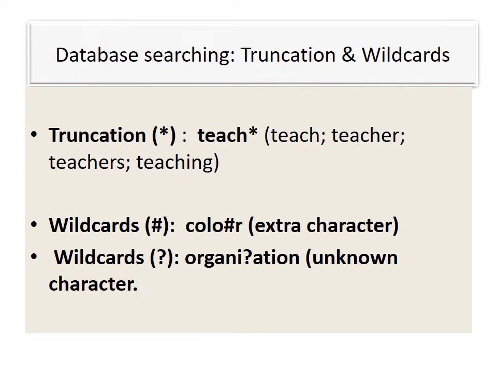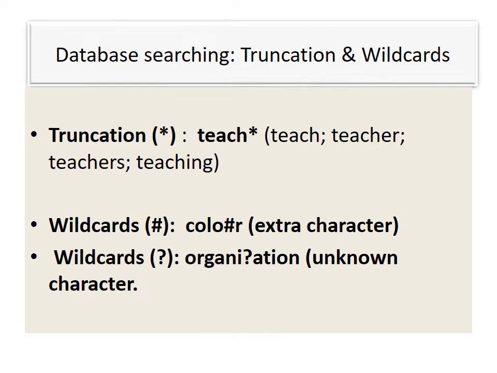For example, colour with a U is the English spelling. Without the U, it's an American spelling. So if you want that extra character, you will then use the wildcard with a hash. So it will look for colour the way the British spell it and color the way the Americans spell it, so you will broaden your search.